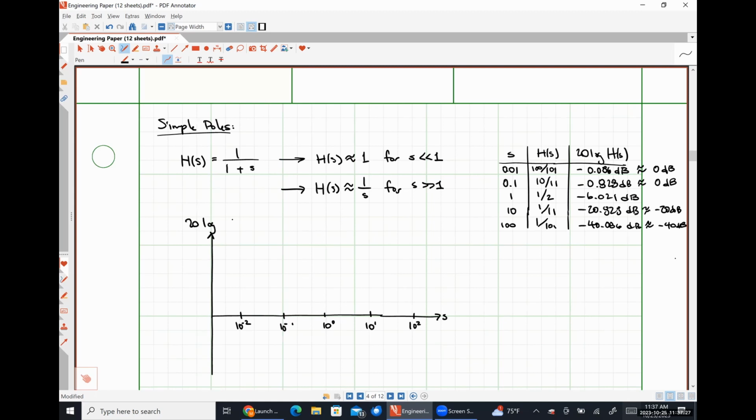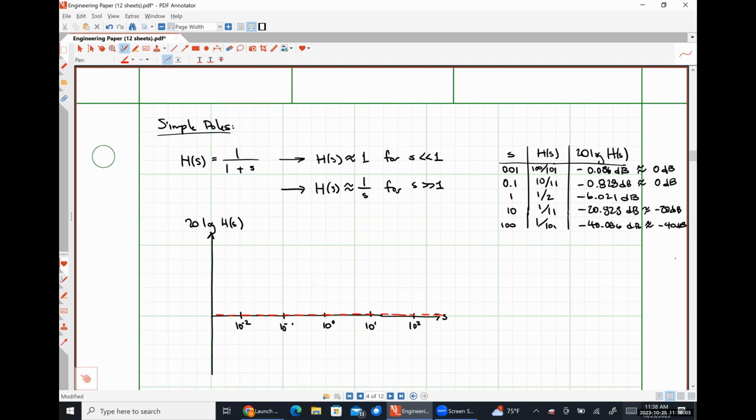Here's 20 log H of s. What does H of s equal to 1 look like? 0 decibels. So I'm just going to put a dashed line here at 0 dB.